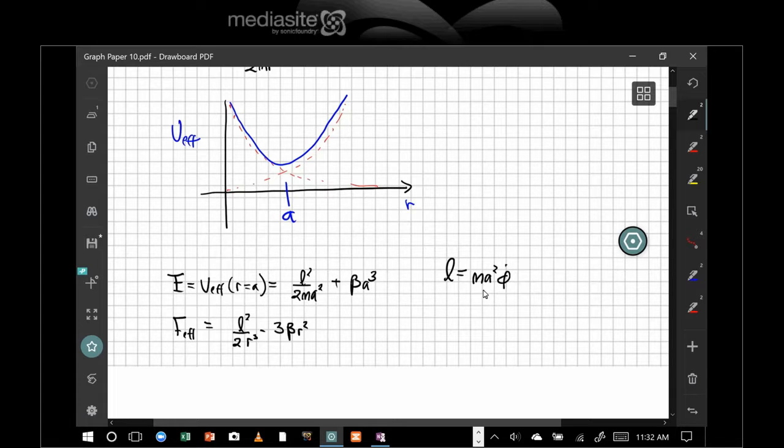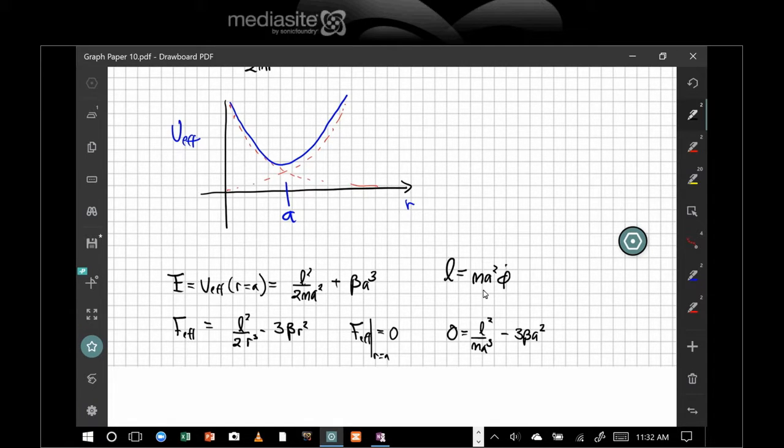And then I'm going to set F effective equal to 0 at R equal A, because that's my equilibrium position. I'm going to get 0 is equal to L squared over mA cubed minus 3 beta A squared.